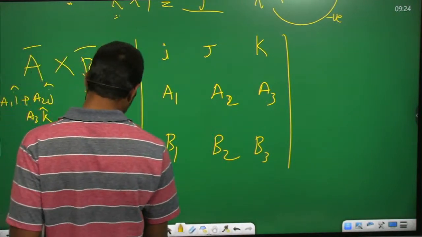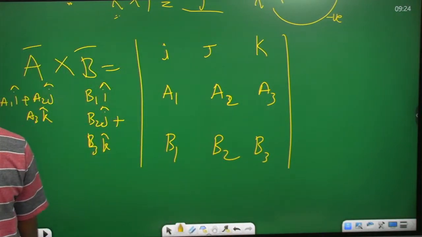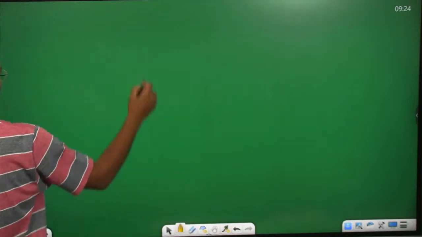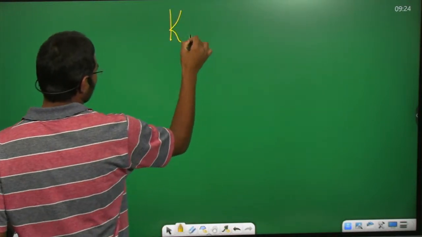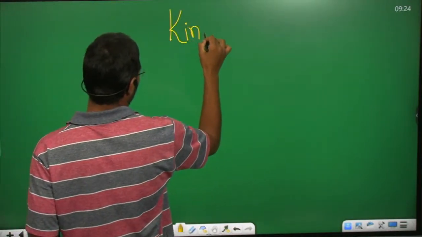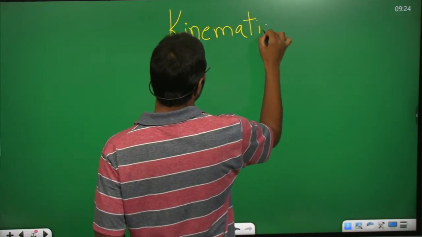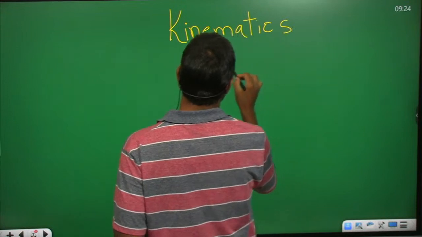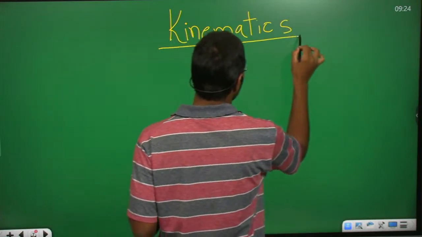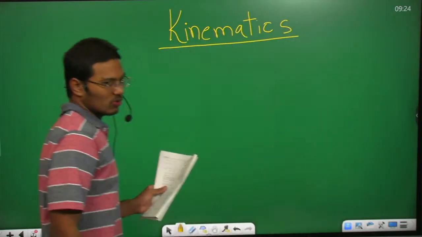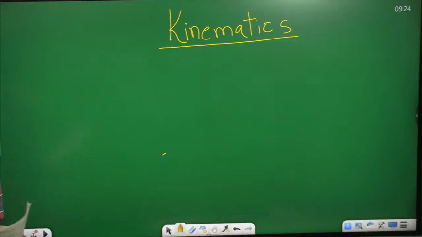So let us get to the next chapter, that is kinematics. Try to write all the fundamental formulas that you know about kinematics and check whether you are getting them right or not. Don't blindly copy what is being written on the board.